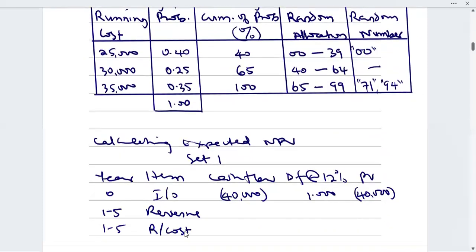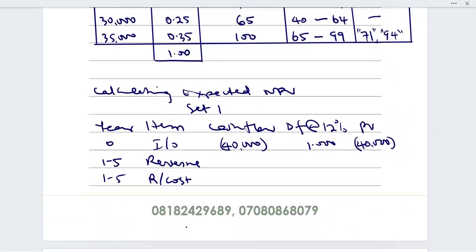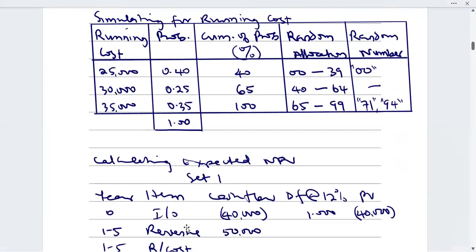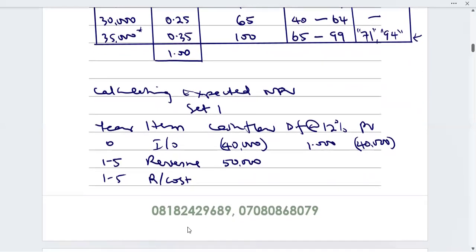So we select 50,000 naira for set 1 revenue. Set 1 for running cost, random number is 71. 71 lies here. Trace it to the left, that's 35. So you indicate 35,000.